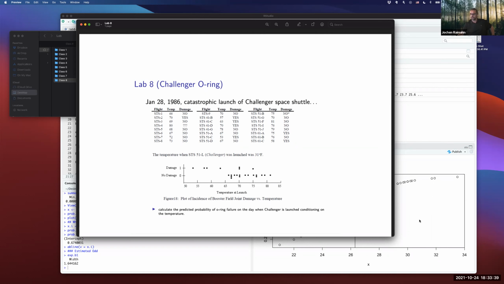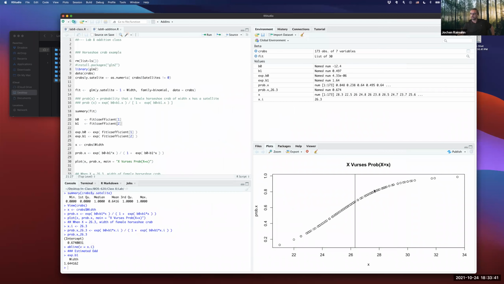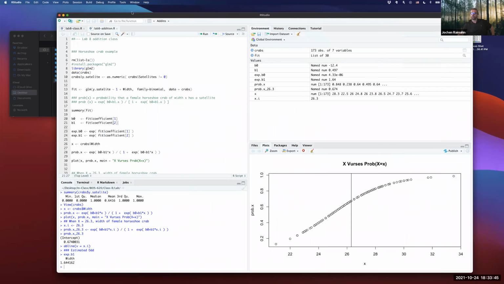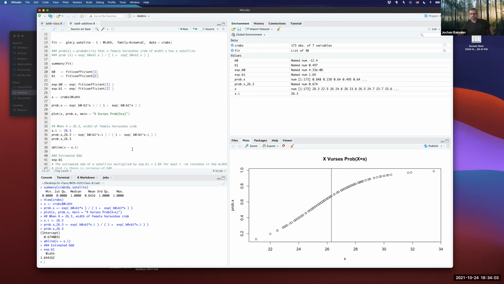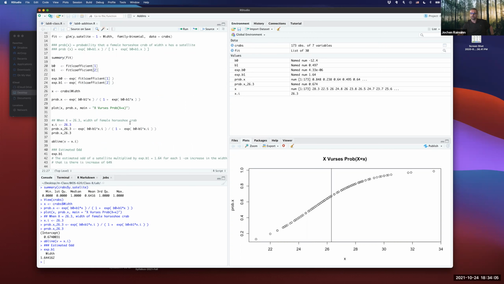I would like for you to investigate this data and also plot this as a function of the temperature. So show me that probability curve. I would like to see this probability curve in order to make sure that you really are on board with the concept and have really followed along. It's not going to be that difficult because you have the code right there.